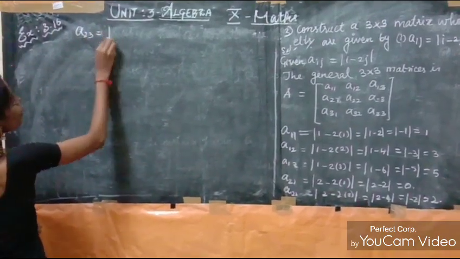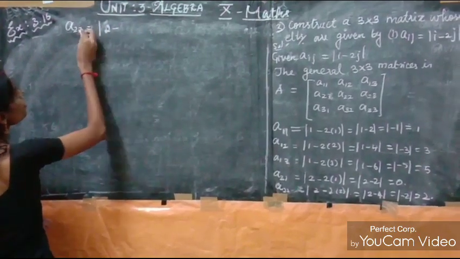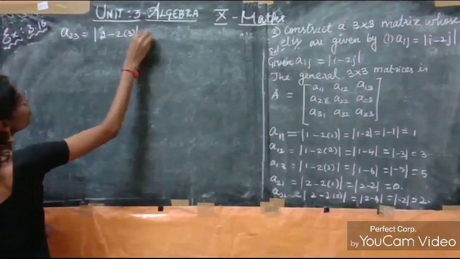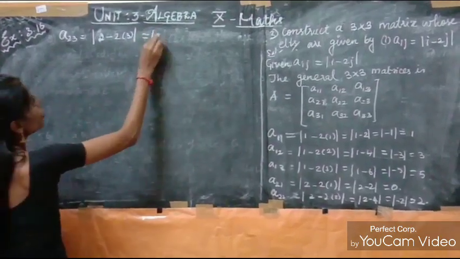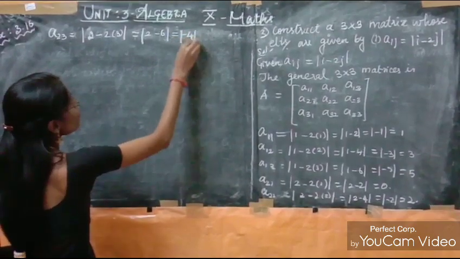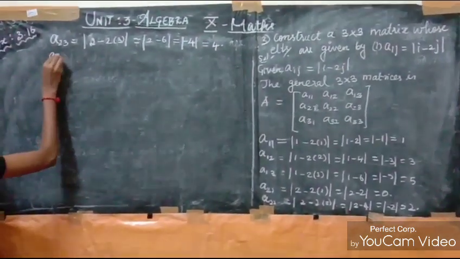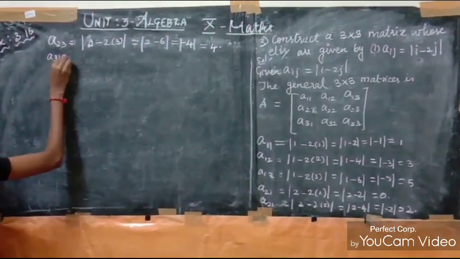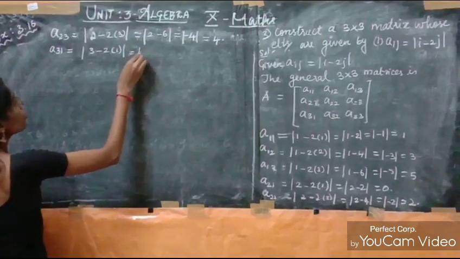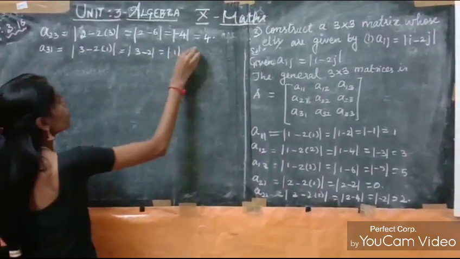A23, modulus, i value 2, j value 3. Modulus 2 minus 6 is minus 4, modulus minus 4, the value is plus 4. Then A31, 3 minus 2 into 1, 3 minus 2, modulus 1 equals 1.